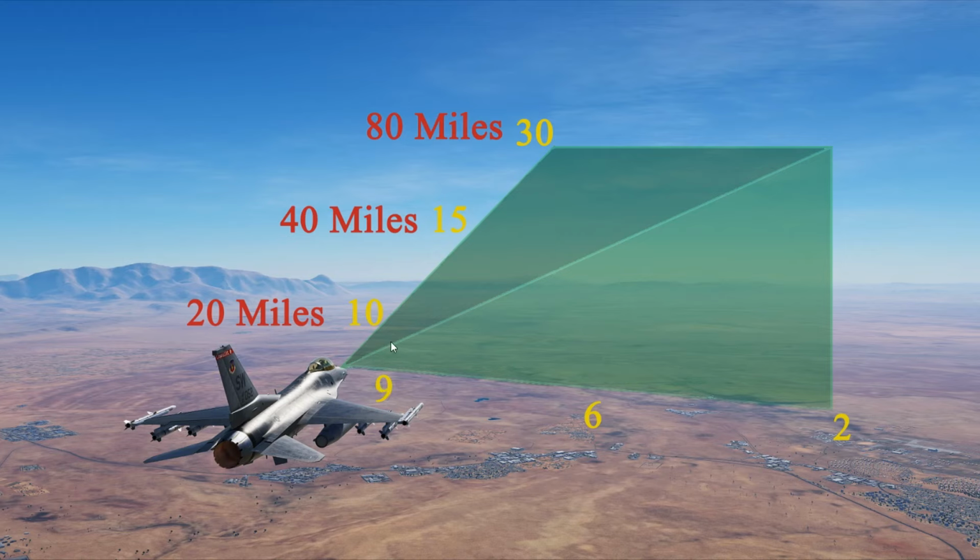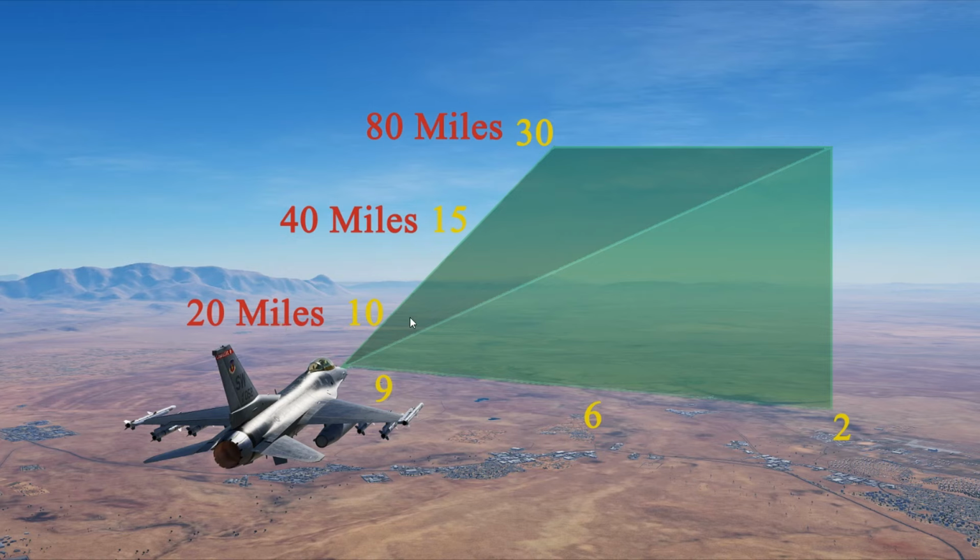As we moved the cursor increasing in range, so we're going from 20 to 40 miles, as we push the cursor out, we were getting higher numbers at the maximum and lower numbers at the minimum. And you can see why, because this cone expands as it goes out, all right, as it comes out of the nose. Obviously at the nose it's the closest point together, so your numbers are going to be much closer at the reduced ranges. Okay, so it's 10 and 9 for example.